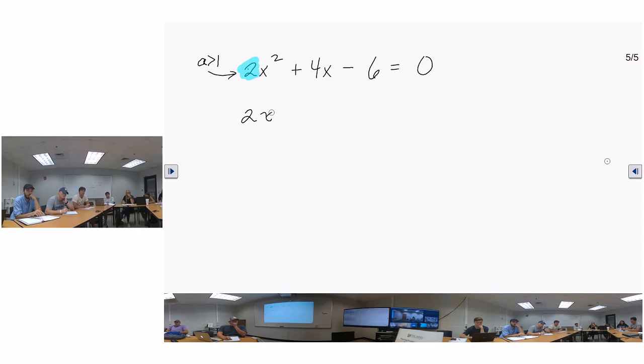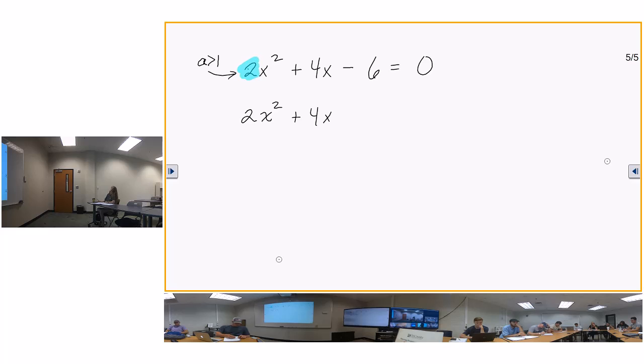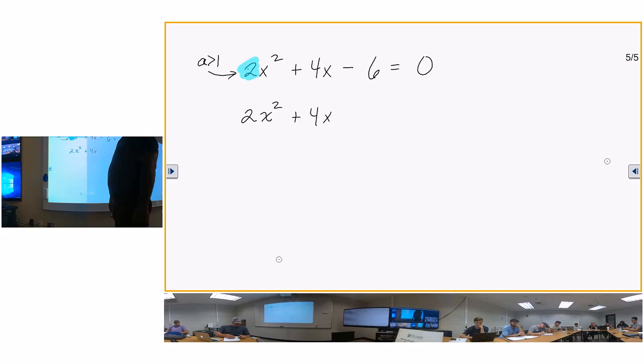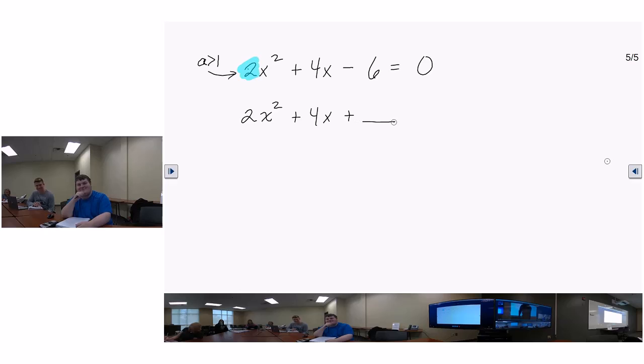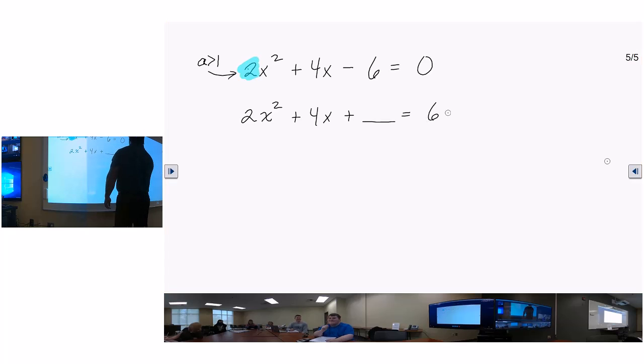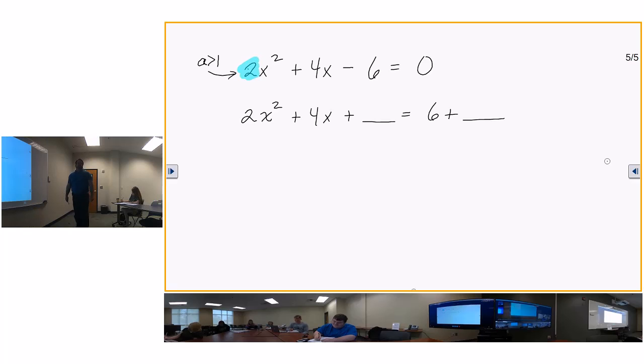Plus 4x. 2x squared plus 4x plus blank is equal to 6 plus blank. Now, on the left-hand side, factor out a 2.